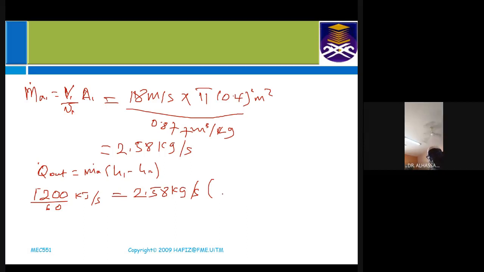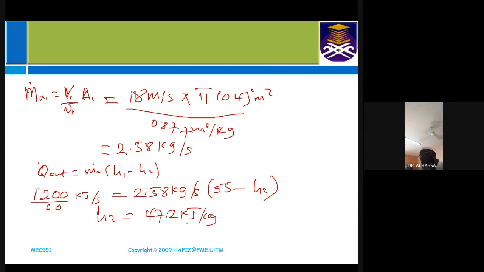H1 is 55, so 55 minus H2. From here, I can easily determine H2. So H2 equals 47.2 kilojoules per kilogram.